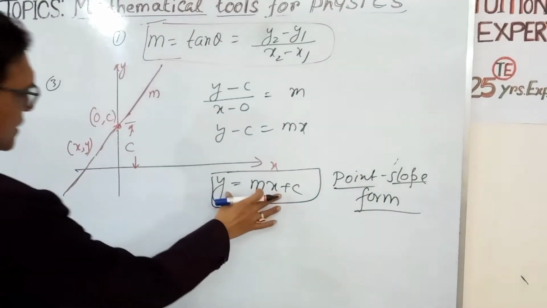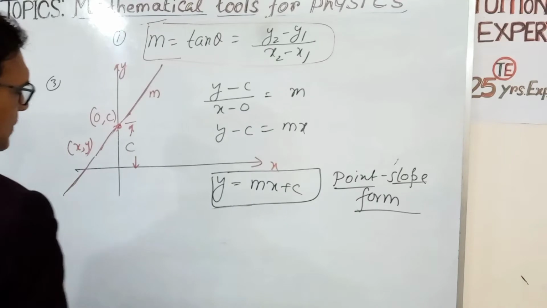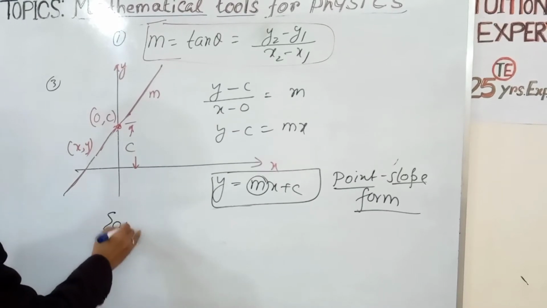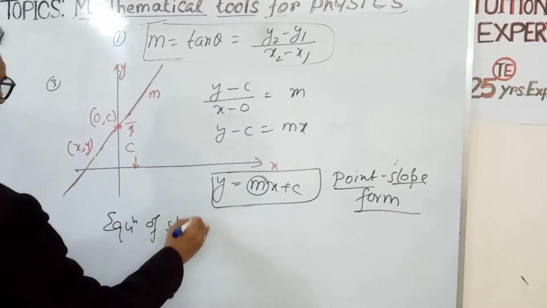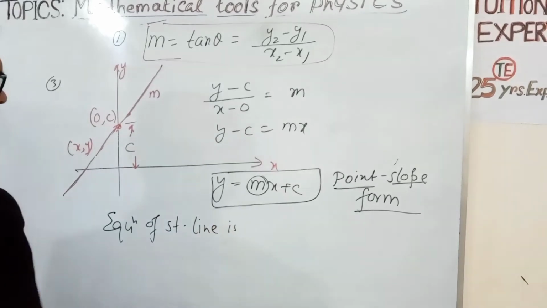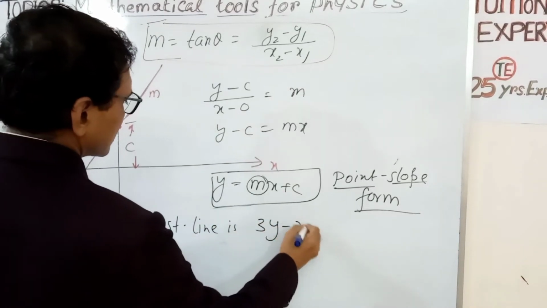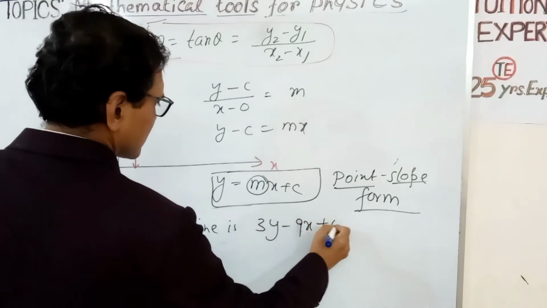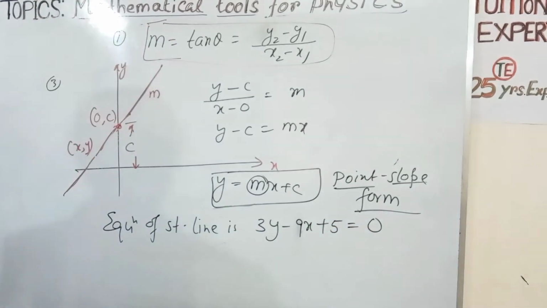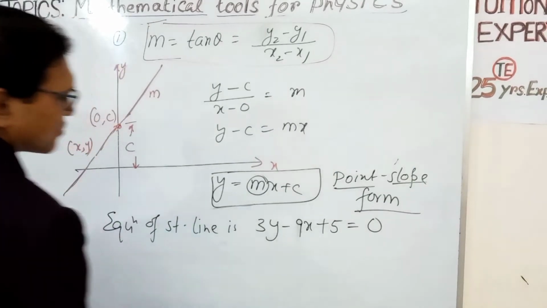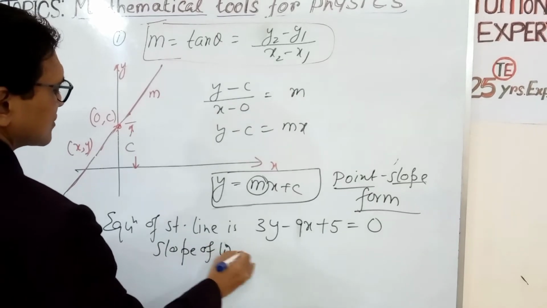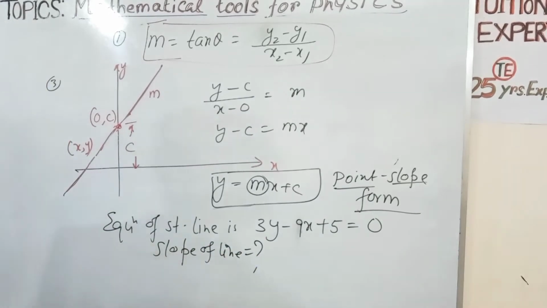This equation is very important because we have to determine the slope from this equation. Suppose the equation of a straight line is this. What is the slope of the line?